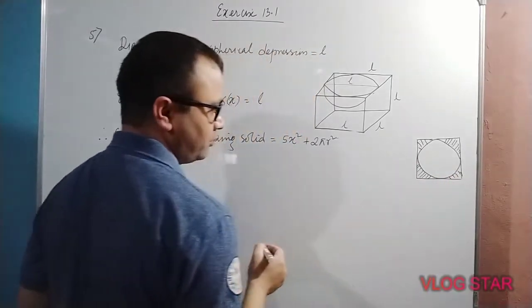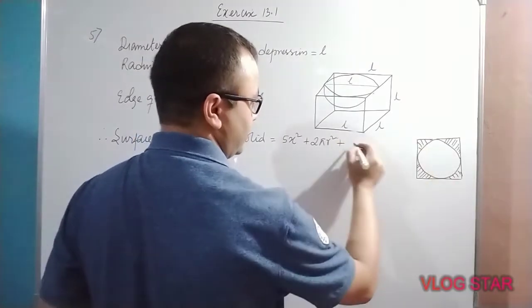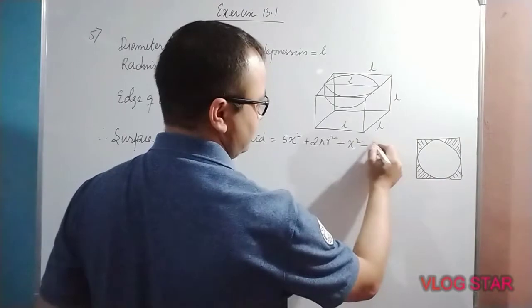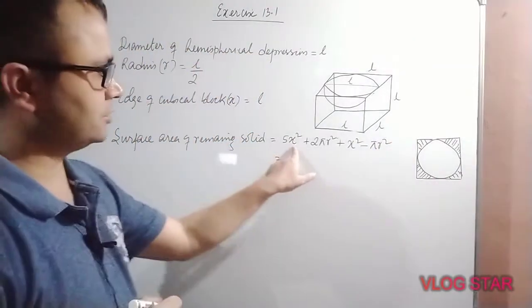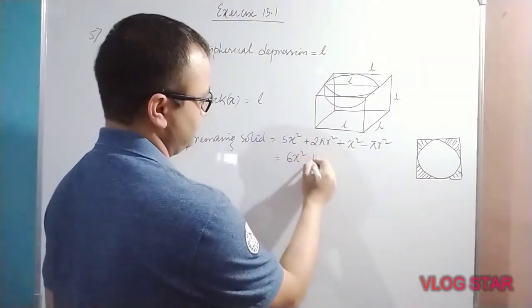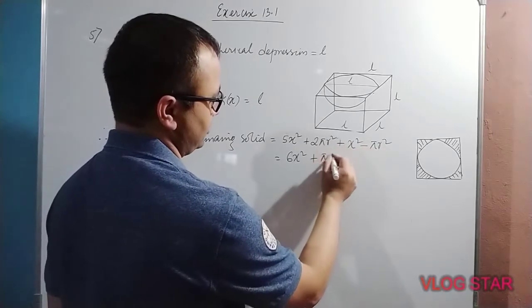So the remaining portion will be the area of the square x square minus the area of the circle pi r square. So this equals 5x square plus x square is 6x square, plus 2 pi r square minus pi r square is pi r square.